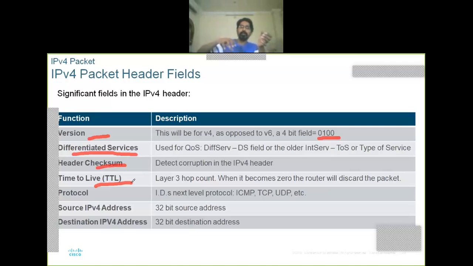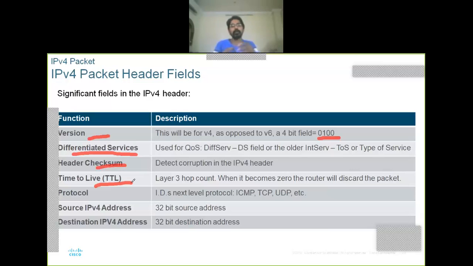So we indicate the hop count. Suppose I indicate only 3 hops; after crossing 3 hops, at the 4th hop the packet will be discarded. So in the time to live field, we can choose the number of hops.